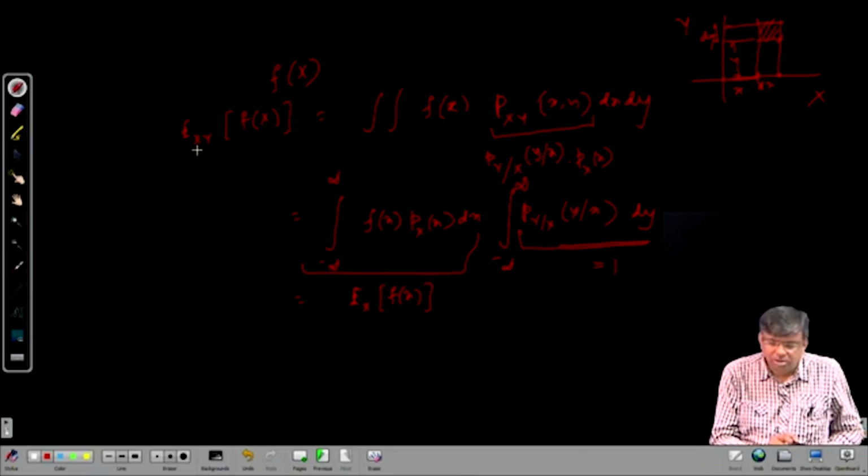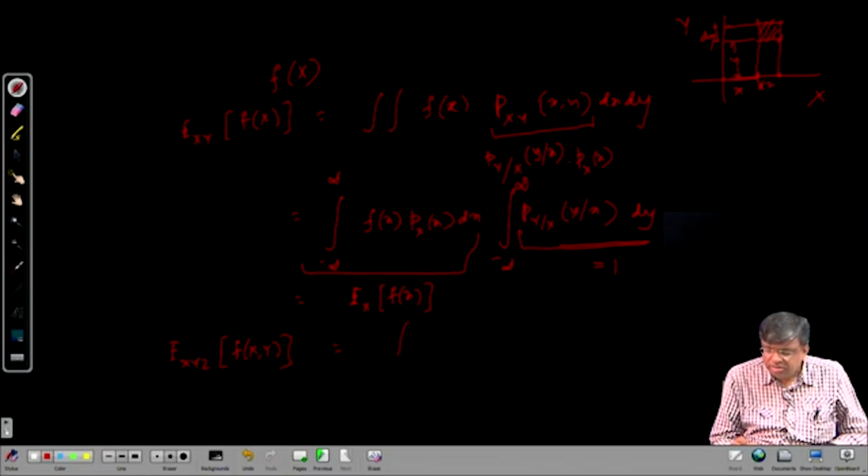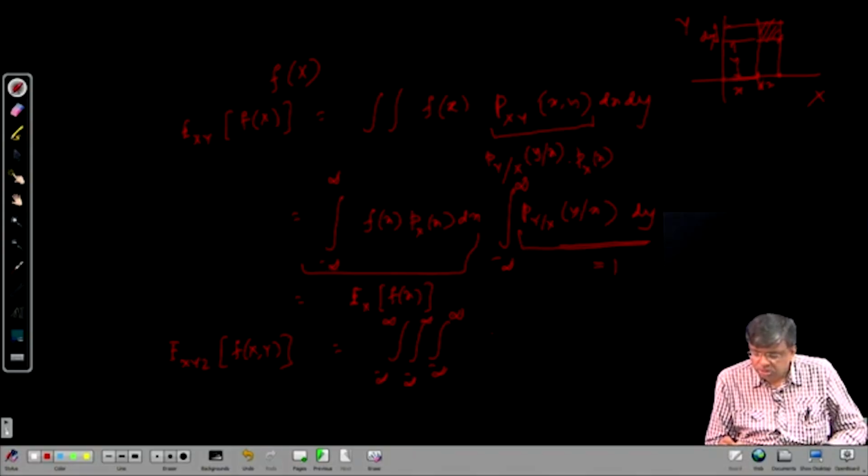Okay. Alternatively, another example: suppose you have 3 random variables x, y, z, and there is one function, suppose of x, y. So, this is again a triple integral now. The function as it is you put, with small x, small y, and then the joint density.